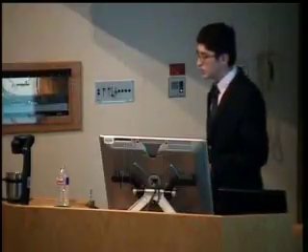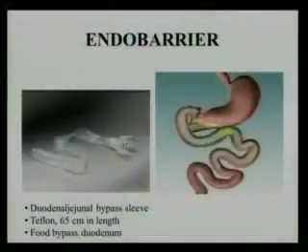So what is the ENDOBARRIER? It's basically a duodenojejunal bypass sleeve. It's a sleeve made of Teflon, 65 centimeters in length, and you place it just past the pylorus, and the idea is simple.